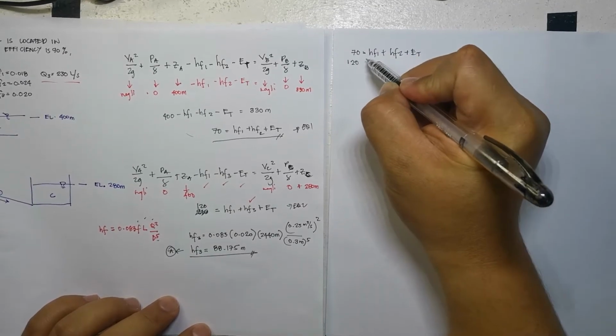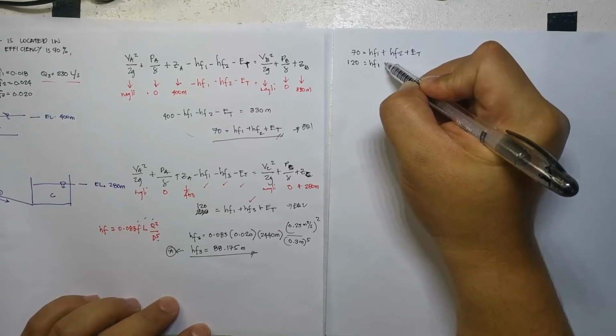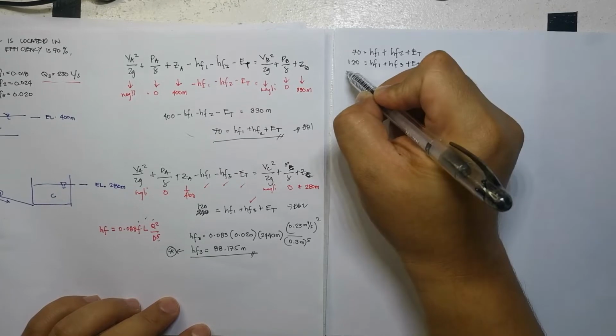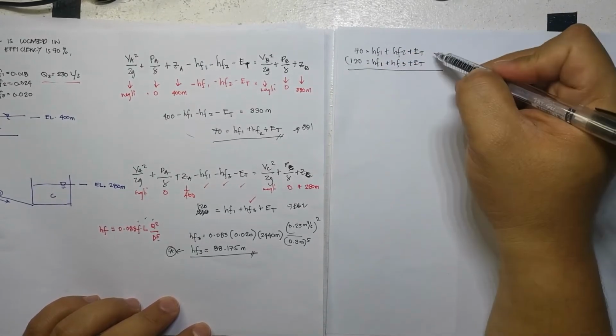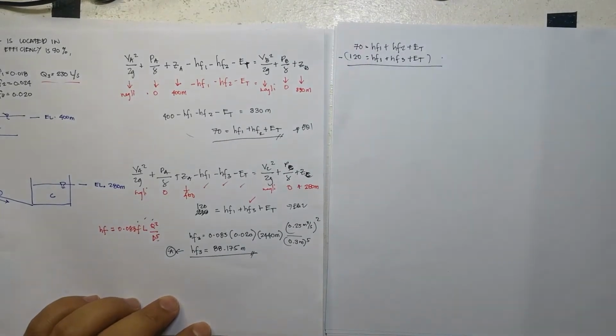Then, 120 is equal to HF1 plus HF3 plus ET. Ang gagawin natin dyan, subtract natin ng buong equation. Ninegate natin siya and then pagkasamahin natin sila.